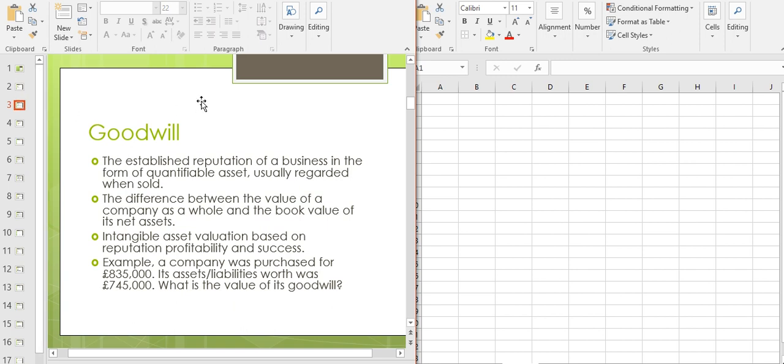Okay, so Goodwill is basically once a company has established themselves and they have a loyal customer base, or they have a strong brand image or reputation, or they are very profitable, etc. Anything that drives success for a business has value.